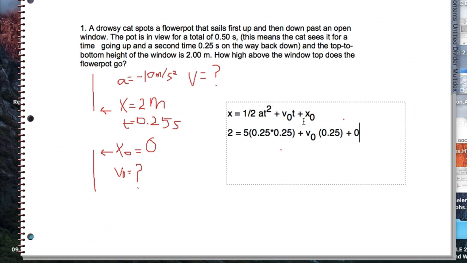So our only unknown is the speed at which it sails past the bottom of the window. When we isolate V naught, we're going to say 2 equals 5 over 4 plus V naught over 4. Again, actually that's 5 over 16, because 0.25 squared is 1/16, plus V naught over 4.